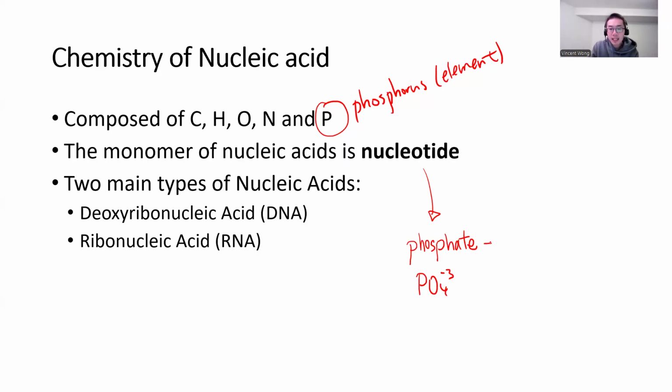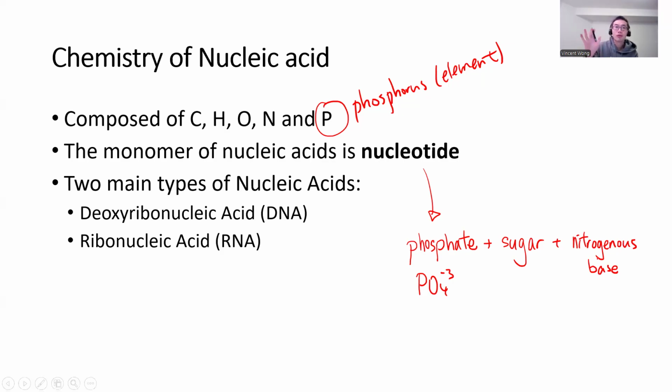So phosphate is going to be connected to some kind of sugar, and then it's going to connect to a base. We call it a nitrogenous base. Okay, so that's a nucleotide. It has three parts to it.